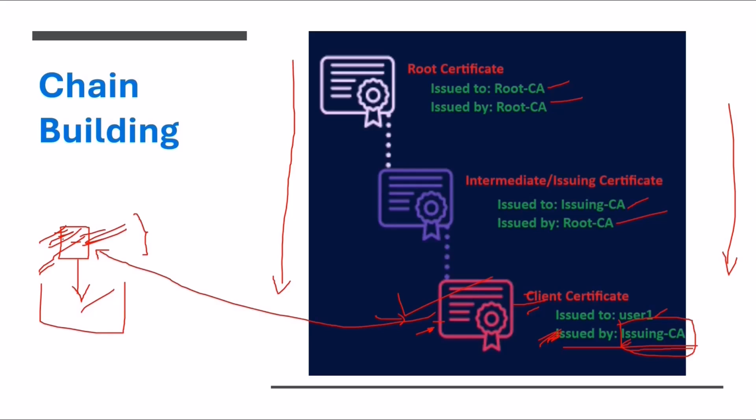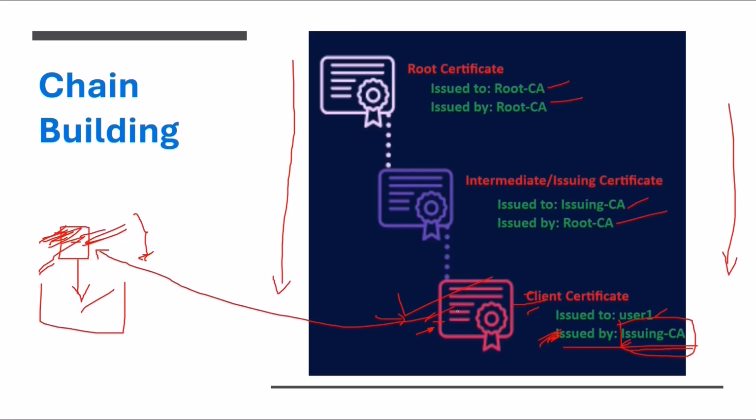In this case, my device is looking at an SSL certificate which is bound to facebook.com. So my device needs to have the entire chain related to the SSL certificate that is bound to the website for facebook.com.